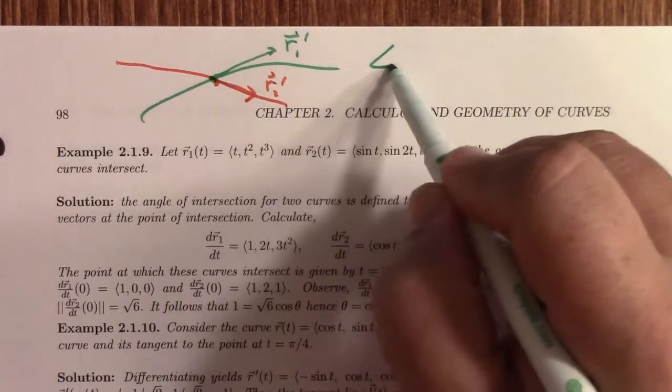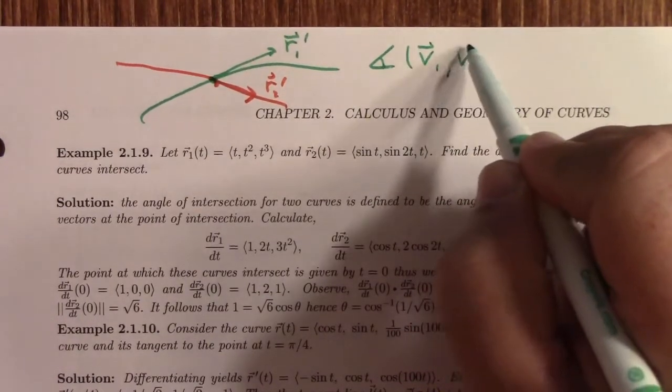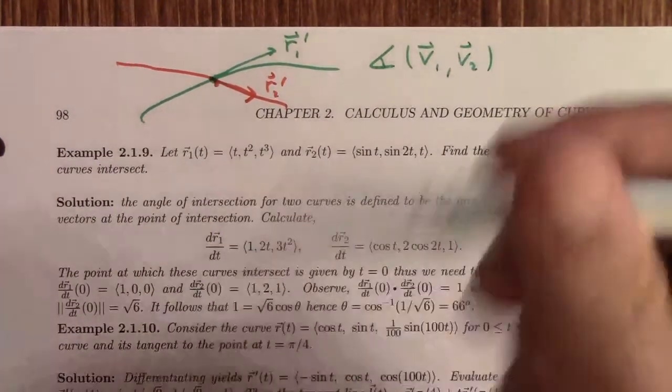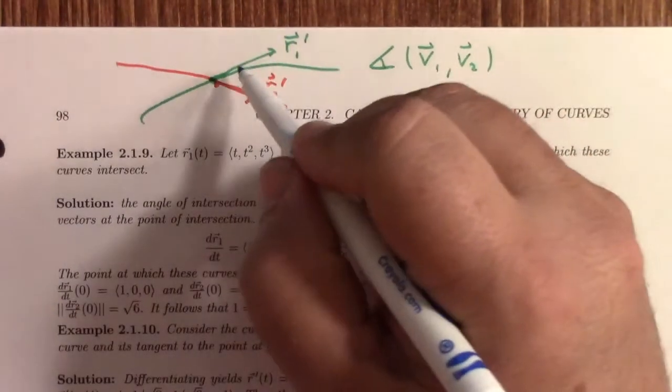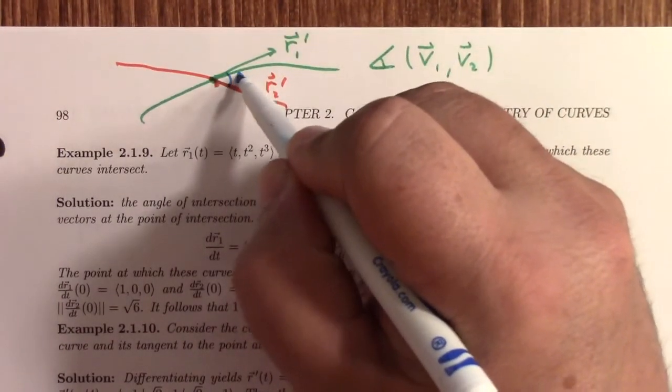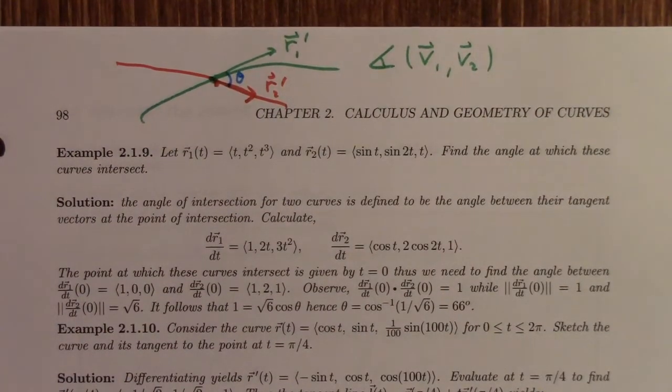So the angle between the velocity for curve 1 and the velocity for curve 2 is going to be the angle between the curves at that point of intersection. That's how we define angle between curves, right? And that's what I'm calculating here in this example.